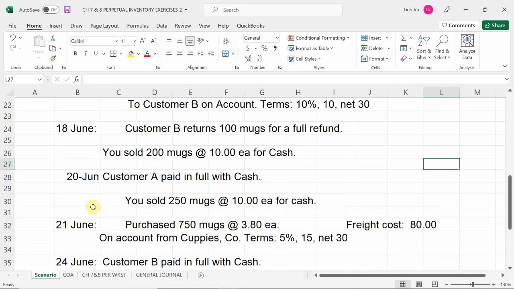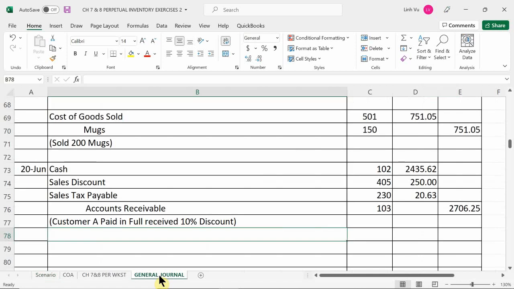So then, on that same day, the 20th, you end up selling an additional 250 mugs at $10 each. So you sold 250 mugs for cash, on that very same day. So, journal.